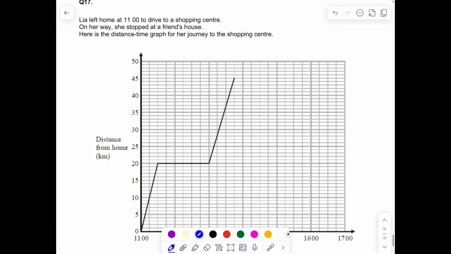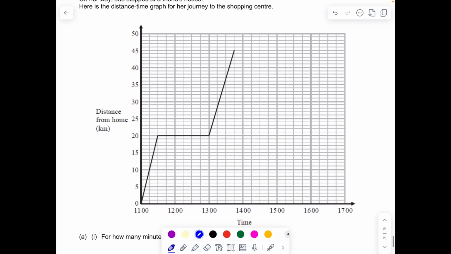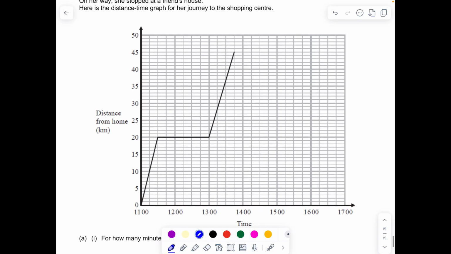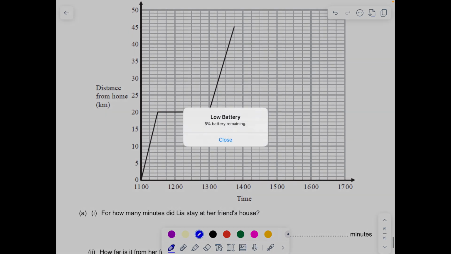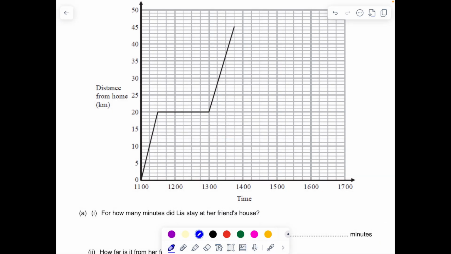All right, last question then. It says, how many minutes did Leah stay at her friend's house? So we are talking about here. That's how long she stayed.